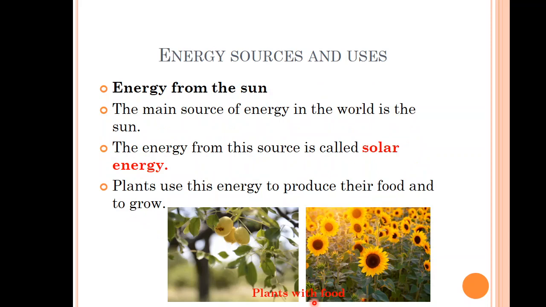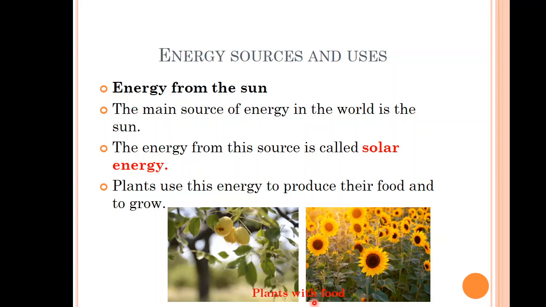So we have energy from the sun. This is the main source of energy in the world, that is the sun. The energy that we get from the sun, we call solar energy. And then plants use this energy to produce their own food and also to grow.